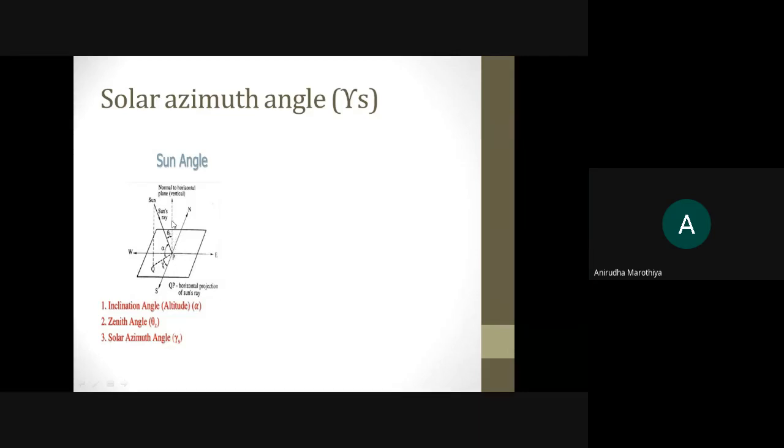And this dotted line indicates normal to horizontal plane, or your vertical axis. Somewhere over here we have the position of sun, and this line indicates the incoming beam of solar radiation coming from the sun. So from this diagram it is very clear that we are defining the value of theta z. So theta z is the zenith angle. It is the angle between incoming beam of solar radiation and the vertical axis of the earth.